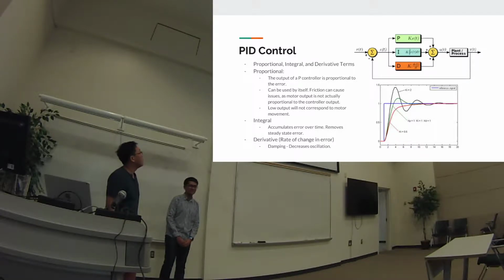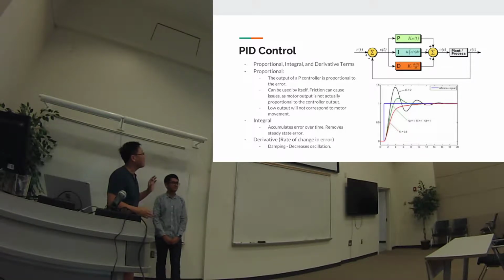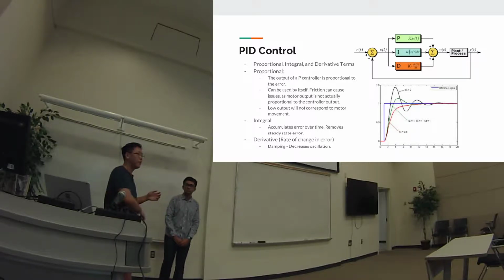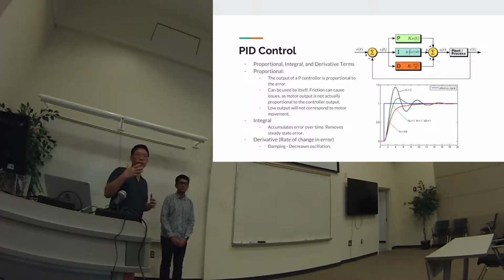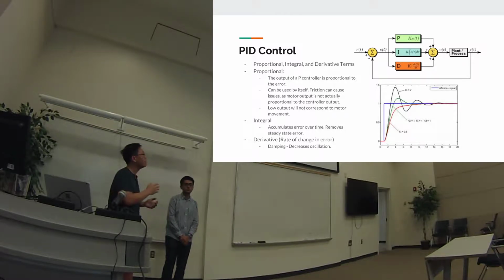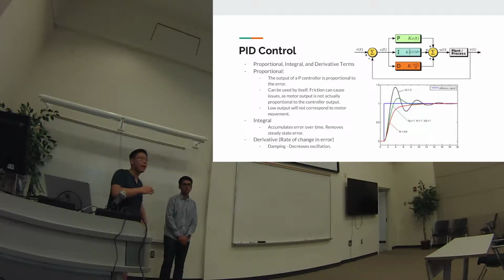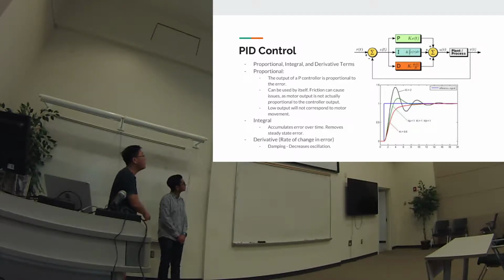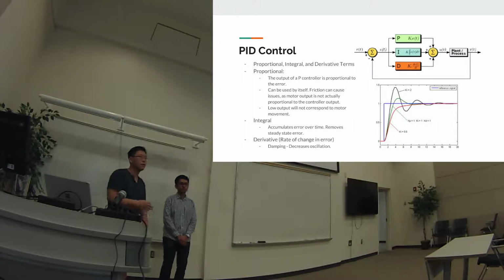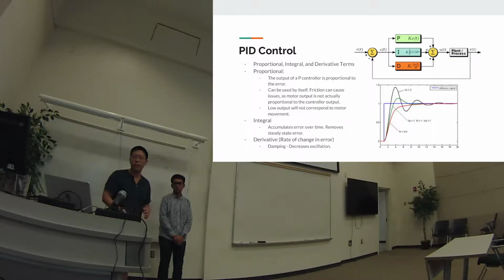So that's why we introduce the integral term. What that does is it's just integration. It basically accumulates over time, and that removes your steady state error. The problem with just a PI controller, though, is that it does tend to oscillate, similarly to the bang bang controller. That's when you would add your derivative term, the D part of the PID.